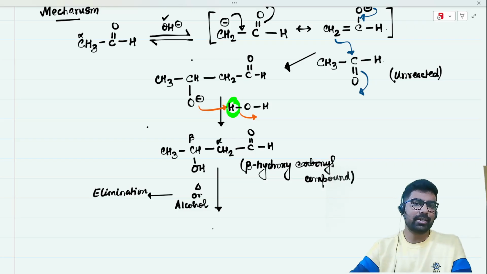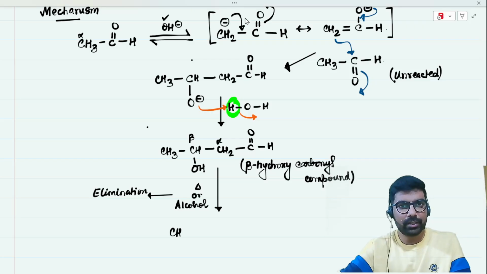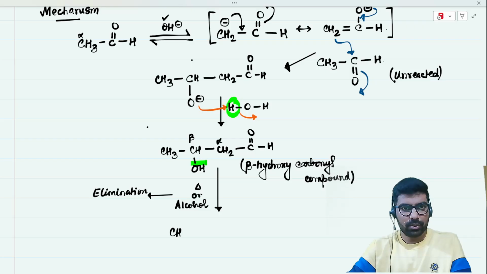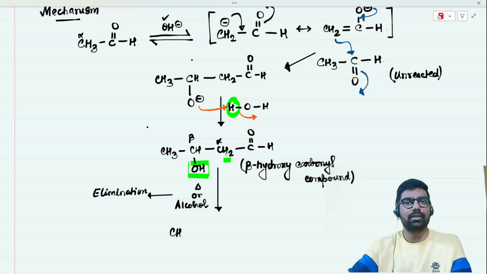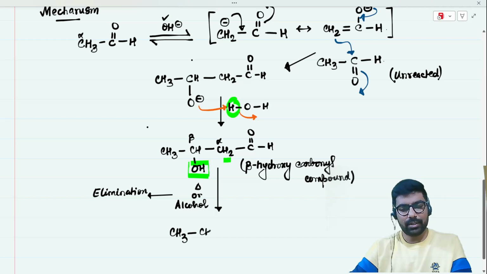Particularly an E1Cb reaction takes place, and what happens is the OH group from this carbon and one hydrogen from the alpha carbon get eliminated. So the water molecule basically gets eliminated, and we get something like this.